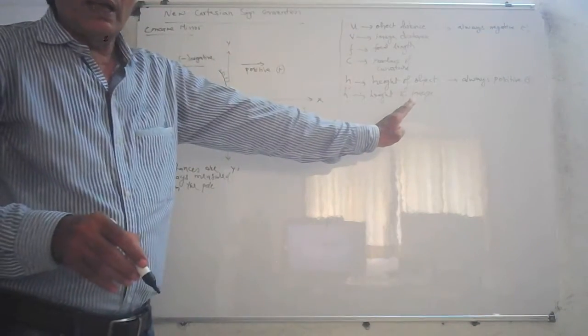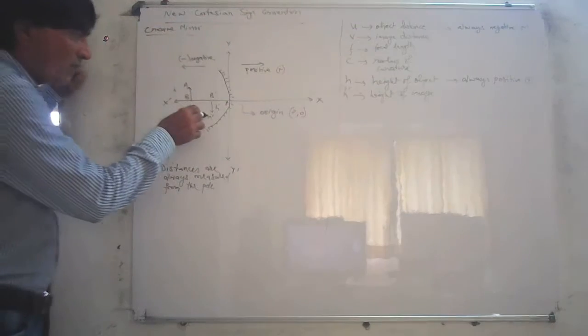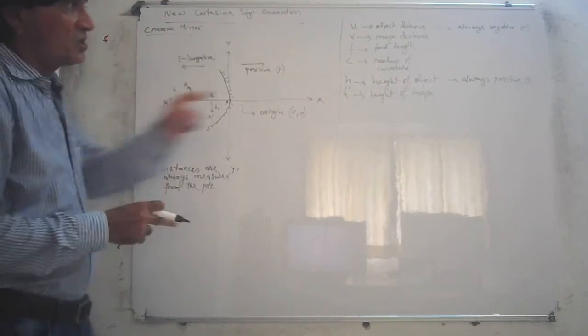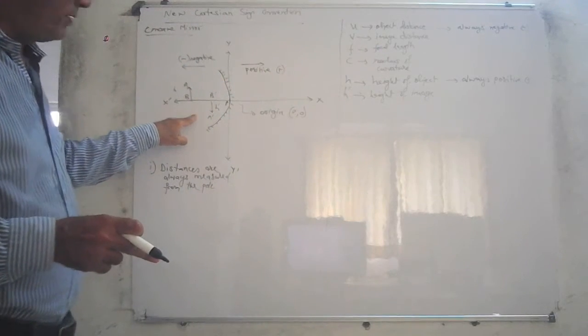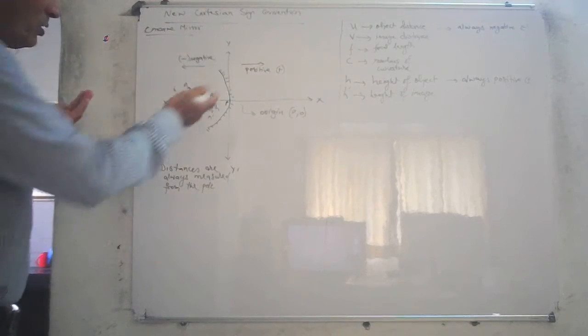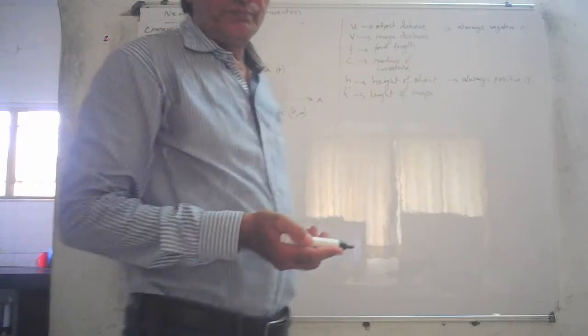Distances on the right hand side will always be positive. So suppose an image is formed here. In this case, V, that is image distance, will be negative. Object is always placed in front, so you have to measure the distance this way. So object distance will always be negative.